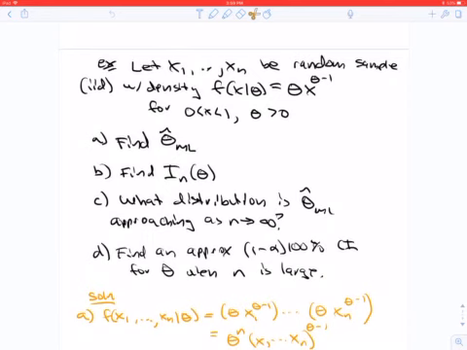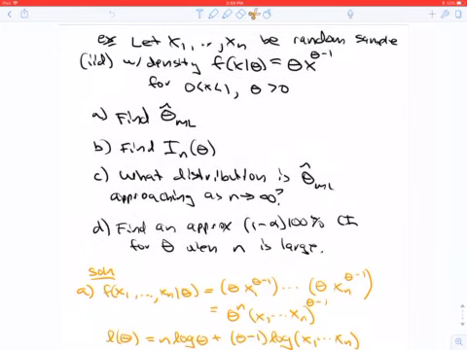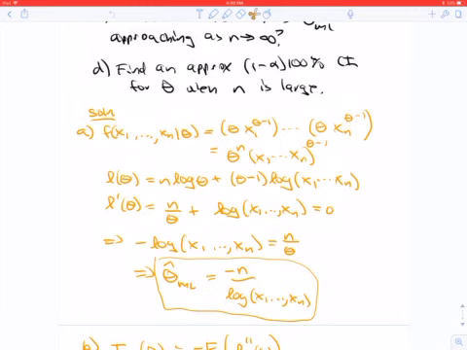So let X1 to Xn be a random sample with density given here, and let's find the MLE estimator, sample Fisher information, the distribution for the MLE estimator asymptotically, and approximate the confidence interval. So we compute the ML estimator as usual here.